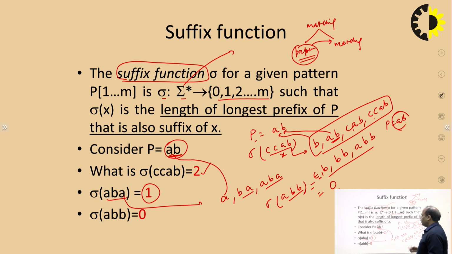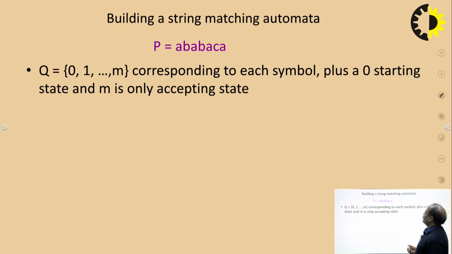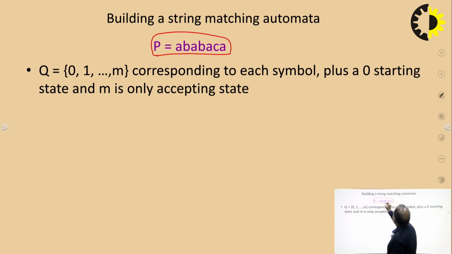So the objective is to first compute the suffix function for the pattern. In this string matching algorithm, we are given a pattern, and the objective is to compute the suffix function for this pattern.